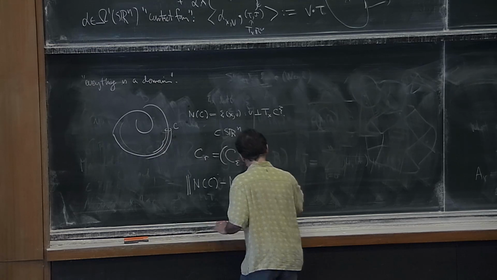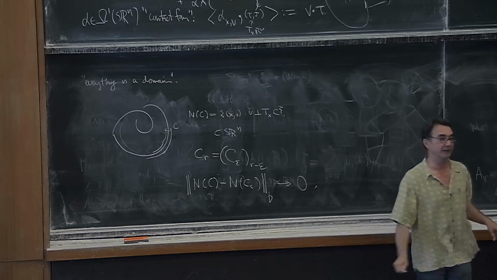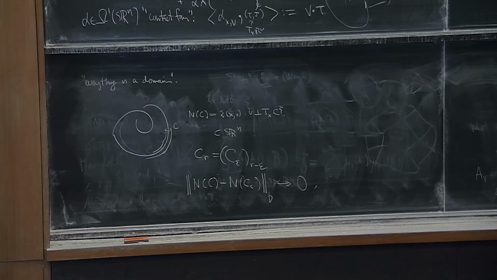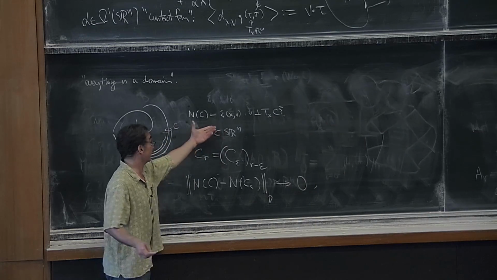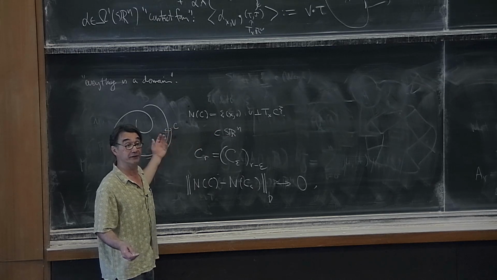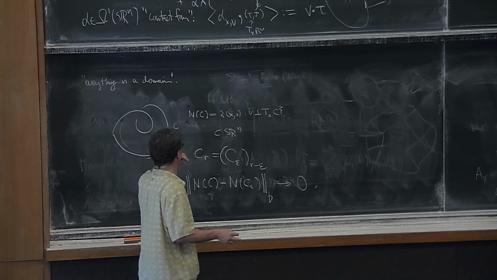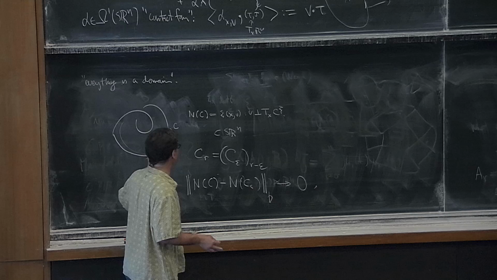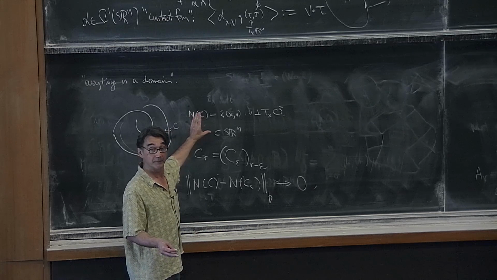How do you like that? Okay? Yeah, I mean, so what's the point? It's trivial to write a little chain whose boundary is the difference of the two. Okay. So in other words, first of all, the whole argument goes through as before. Okay.